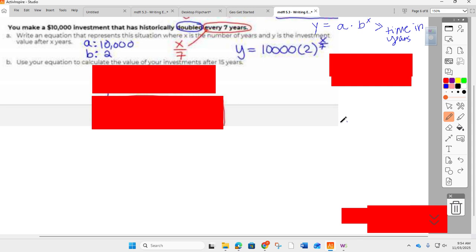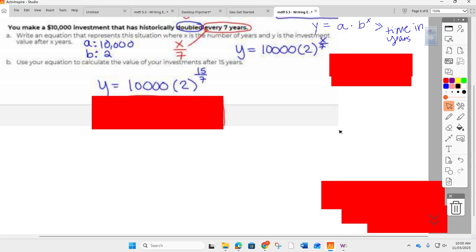So it says use your equation to calculate the value of the investment after 15 years. So this is our equation, this is our function. It's x divided by 7 here. None of that changes, except that instead of putting x, we have a 15 there. And we can put it in our calculator. You do need to use parentheses around these unless you use the fraction button. So let's go ahead and make a note here. Unless you want to use the fraction button on your calculator, you do need to put these in parentheses.